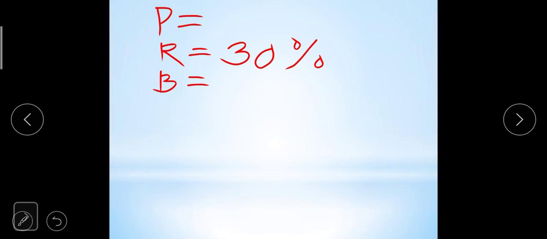Nico? The given is, or the question is, what is 30%? Question is, what is 30% of 500? So, Lara says that 30% is our R or the rate. So, what is the B? Okay. What is the 500? Sorry.